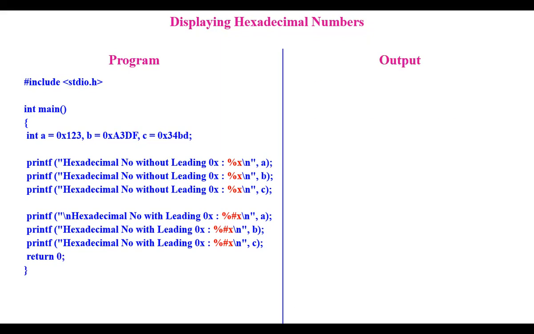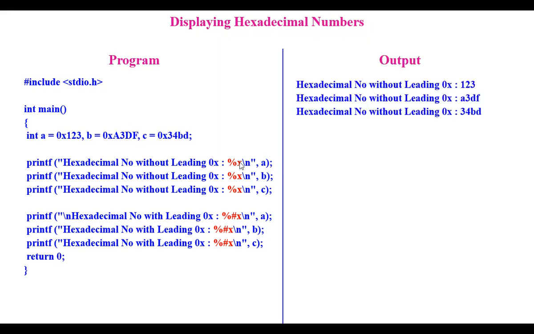Compile and execute. In the first set, I got 1, 2, 3. That's all, right? A3DF, 3, 4, BD. That's all. I have a doubt here whether this 1, 2, 3 is in a decimal, hexadecimal or octal system. We don't know.